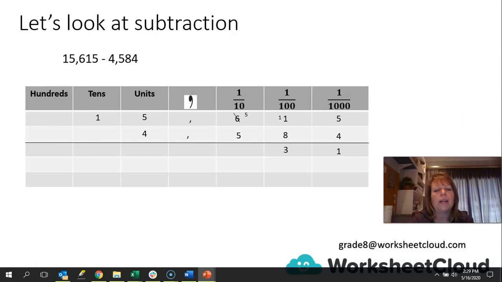And then we subtract. 11 minus 8 is 3. We can do the 5 minus 5 is 0. Don't forget our decimal comma. 5 minus 4 is 1. And 1 minus nothing is 1. So our answer is 11,031.